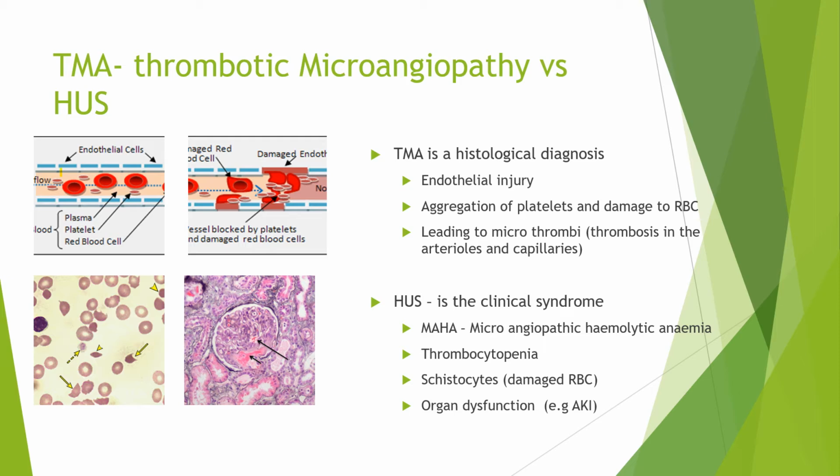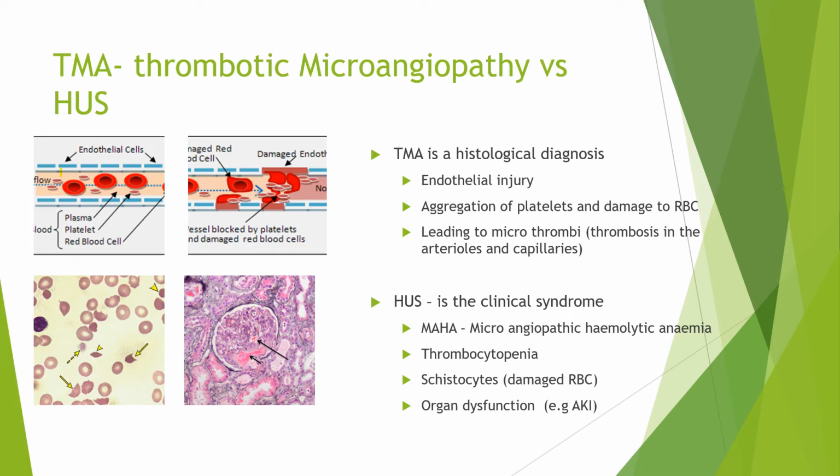In the bottom left-hand side, you can see the blood film. The solid arrows point towards the damaged red blood cells, and the dotted arrows are pointing towards platelet aggregates. Now, in the bottom right-hand side is a histology of a kidney and a glomerulus.